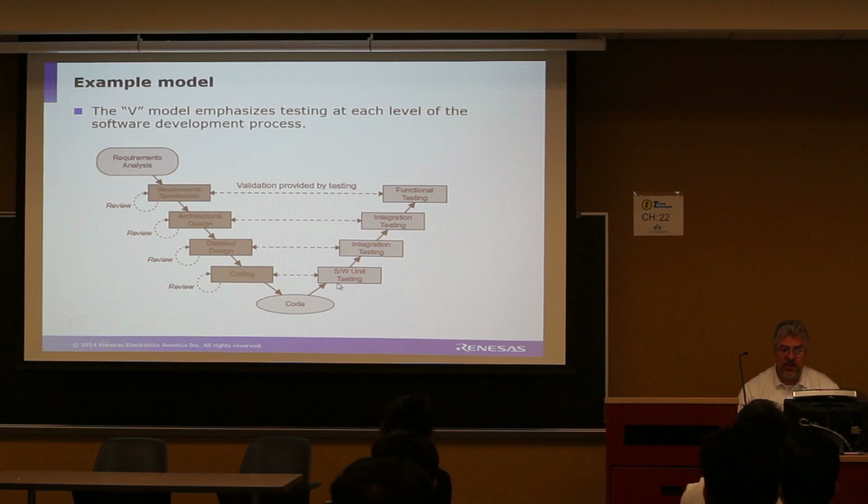Each one of these stages over on this side is the validation to, did I write my requirements and specifications correctly? Did I design the architecture correctly? Did I code correctly? Now notice that at each one there's a step called review, and based on input from the review, you should modify it.